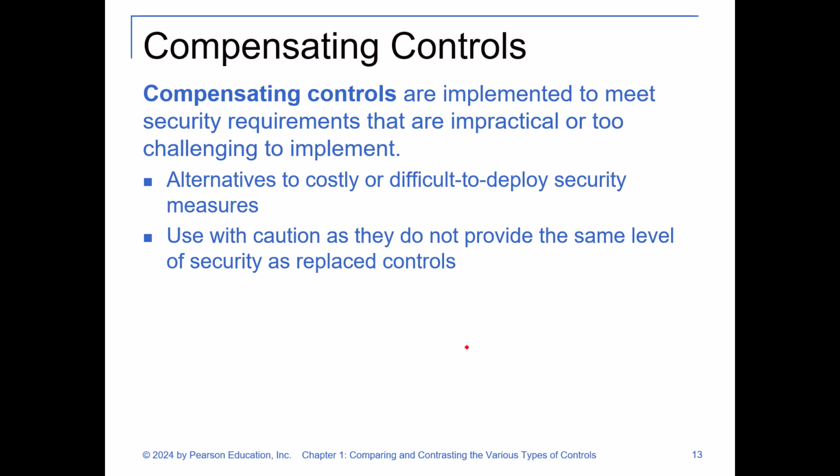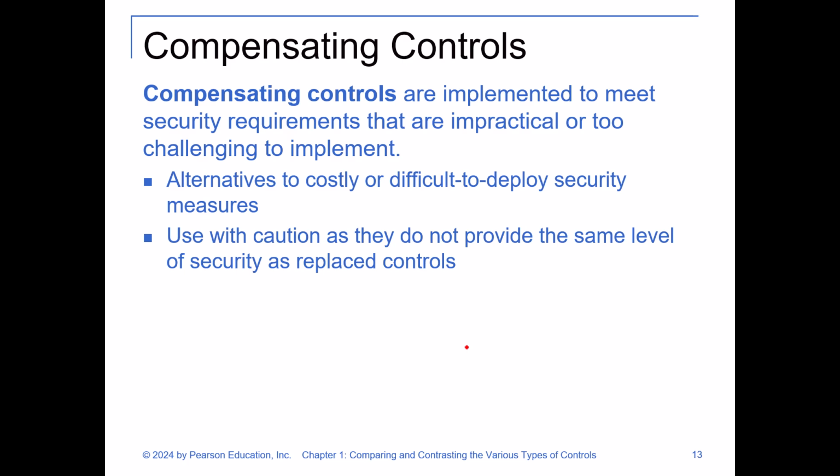Compensating controls. These are controls that are implemented to meet security requirements that are impractical or challenging to implement. So alternatives to costly or difficult to deploy security. So maybe we want to implement X control, but it's too expensive. So we implement Y control in conjunction with Z control, and together they may be comparable to X control.